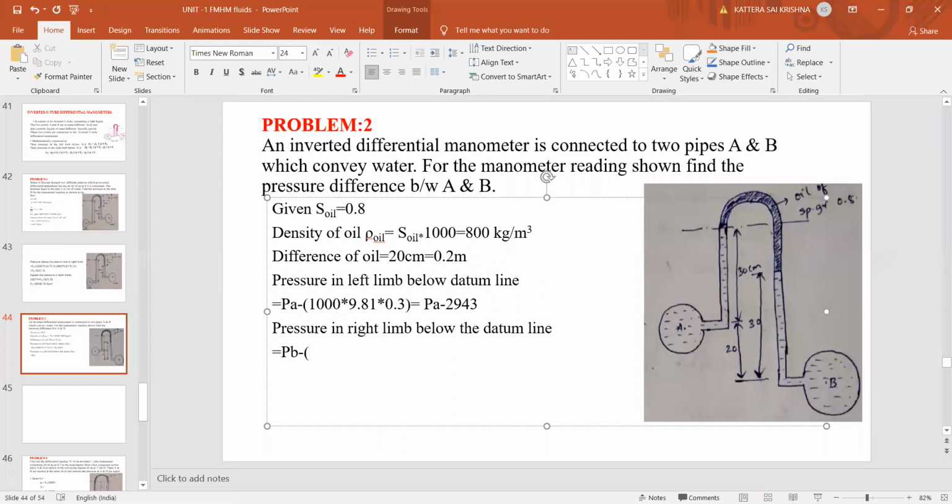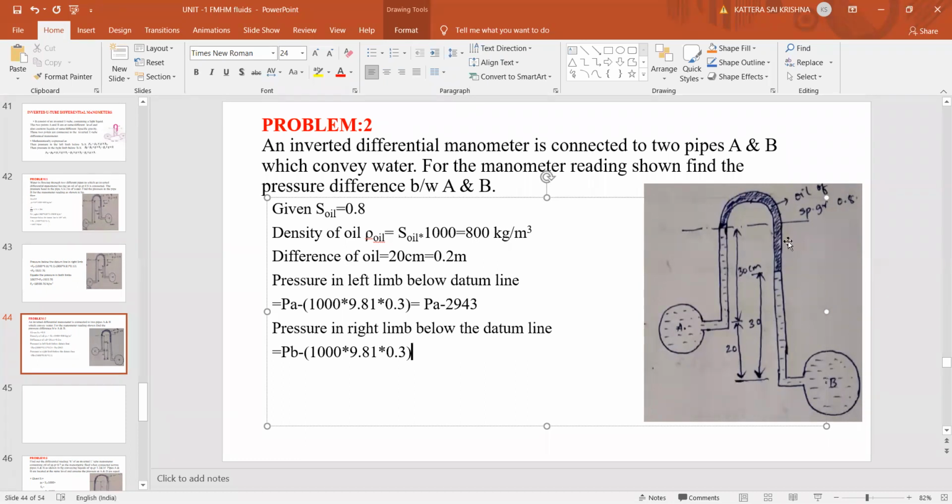What will we get? PB minus, first, because of the fluid in this pipe. What is this density? 1000, sir, since water is flowing in that also. 1000 into 9.81 into height of the fluid in this, which is 30 centimeter, that is 0.3 meter. Right, so one we have finished.